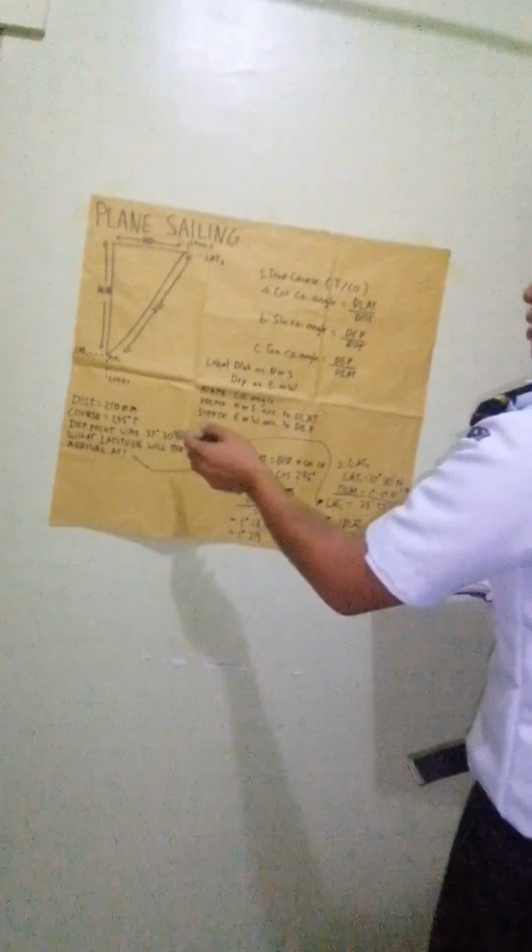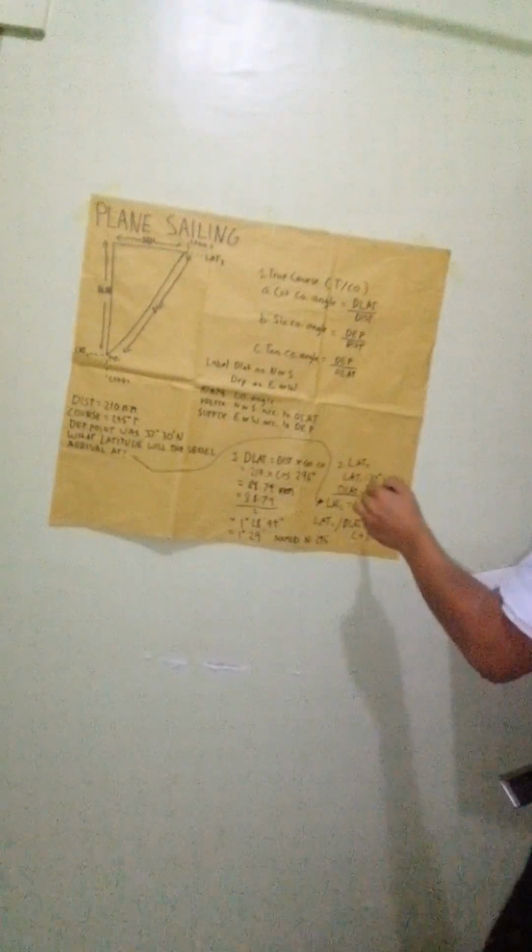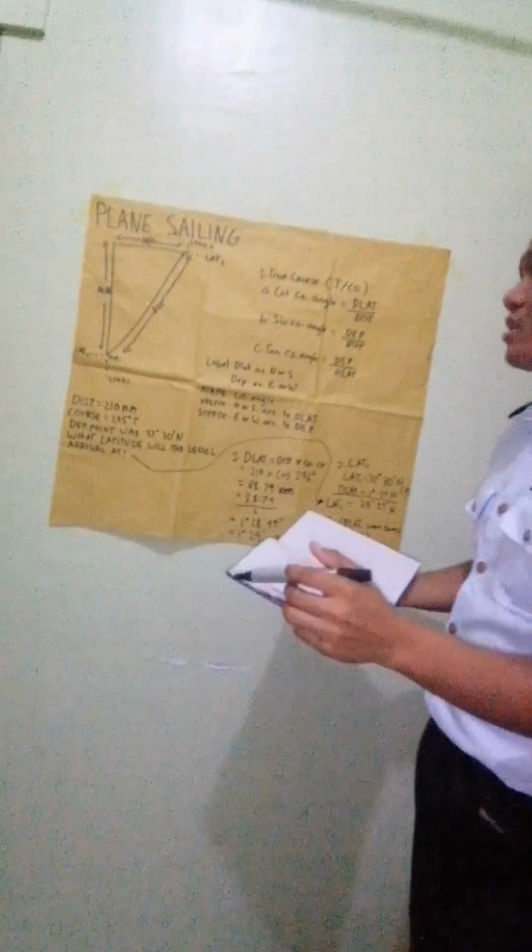This is where the vessel arrives in latitude. And this is how we solve the plain sailing method.